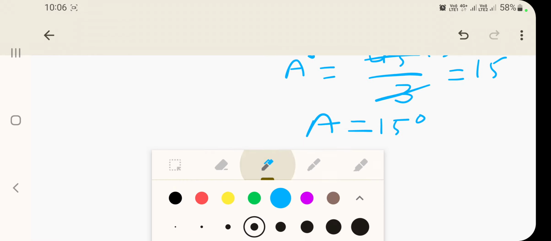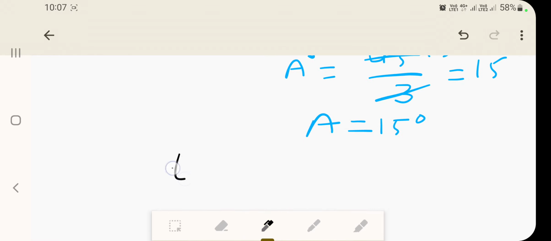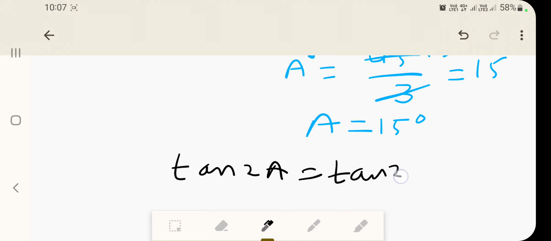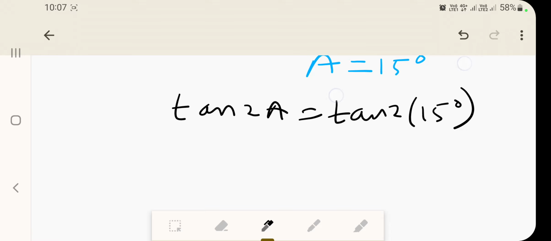Now what they asked to calculate here is tan 2A. If you substitute the angle A here, tan of 2 into 15 degrees, that is tan 30 degrees. What is the value of tan 30?